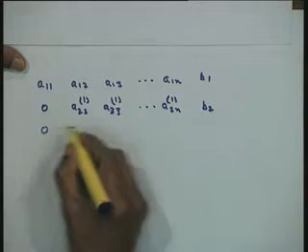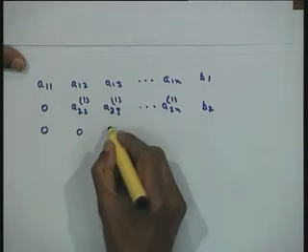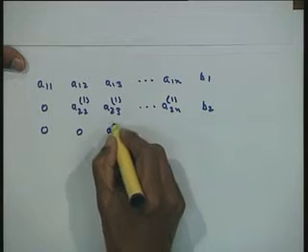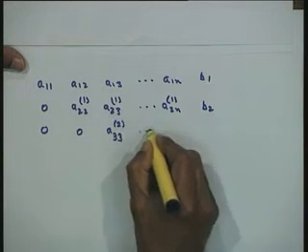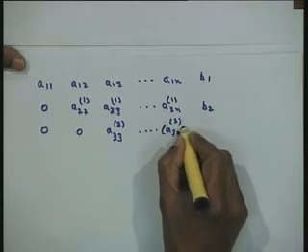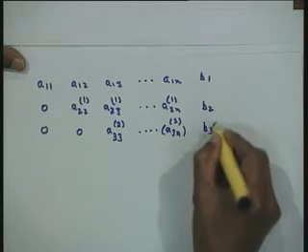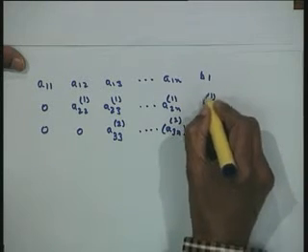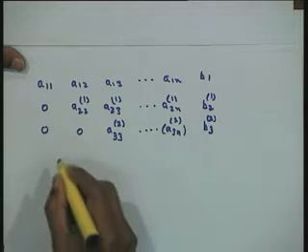Now I have a 0 here. Now this has been made 0. This element changes as A33, now we will put superscript 2. I will have A3n with superscript 2. This is B3 of 2.